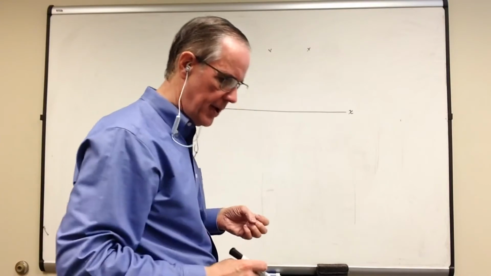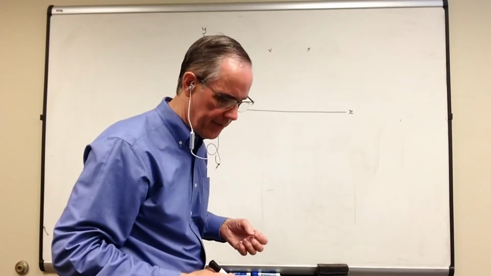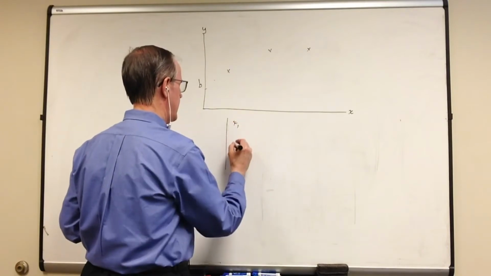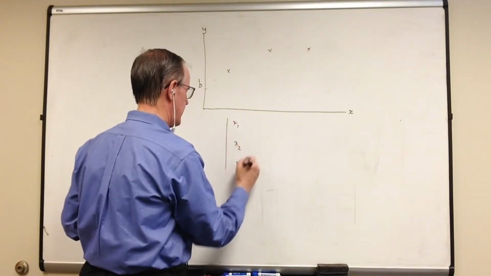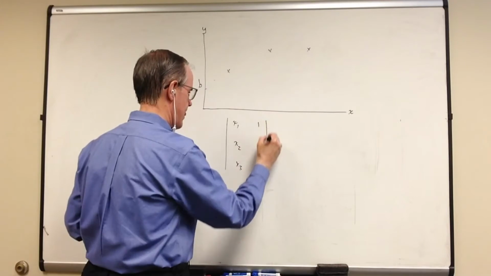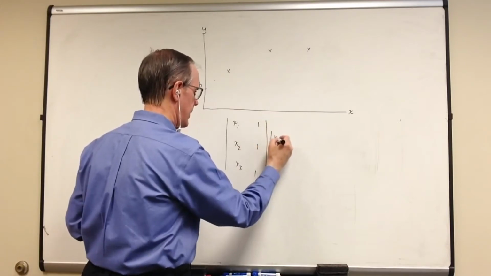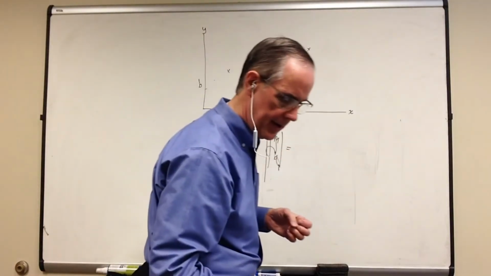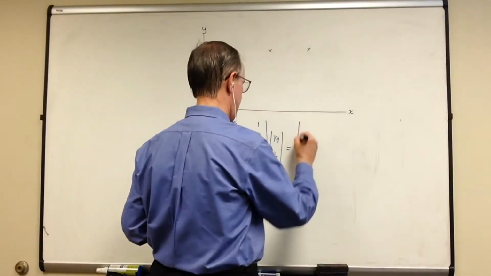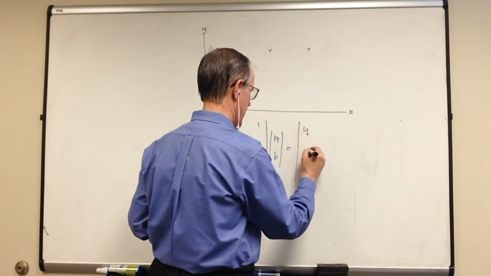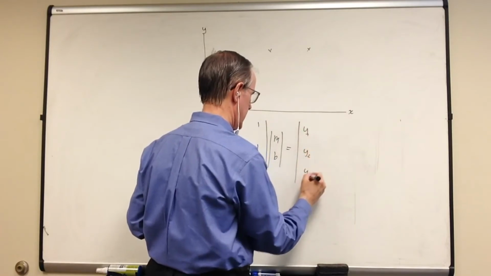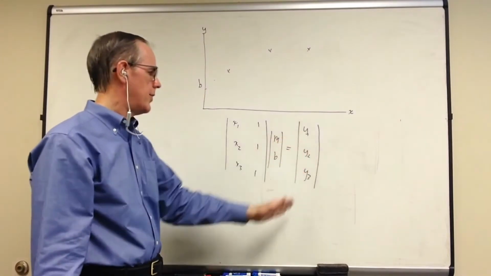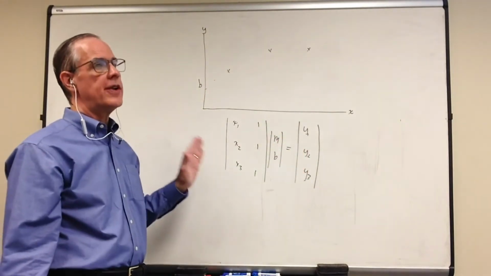Well, if I put it in matrix form, it's going to look like this. I have x1, x2, x3 times m over b, which is that line, is equal to y1, y2, y3. Now, there is no unique solution for this.